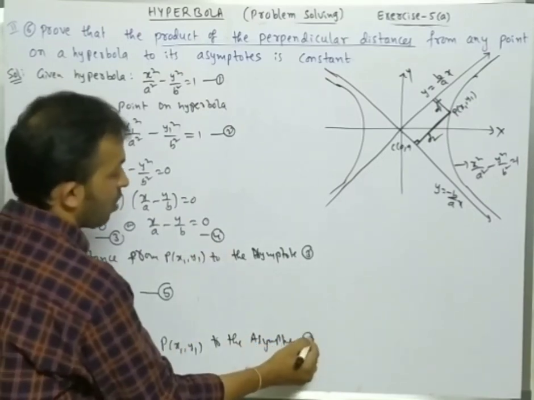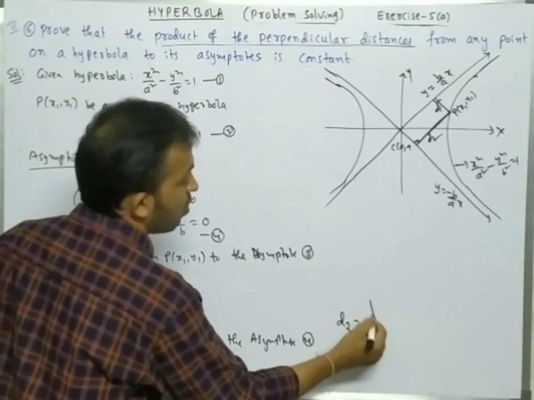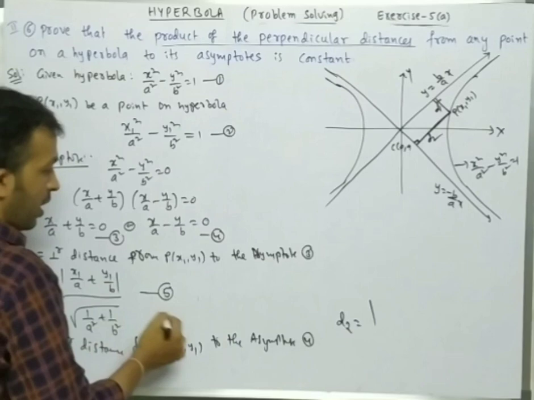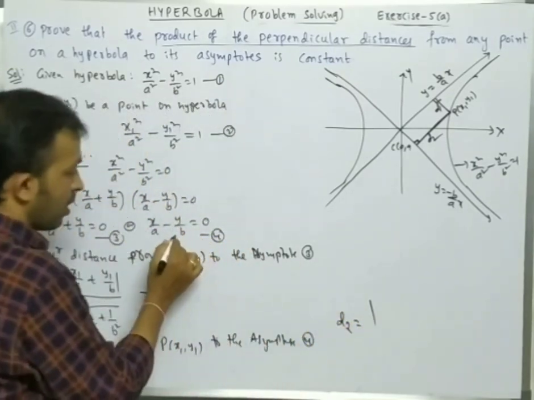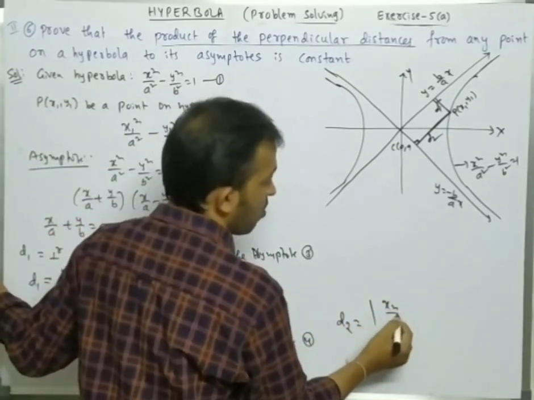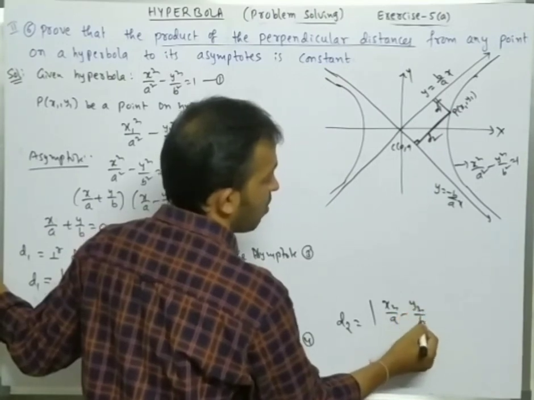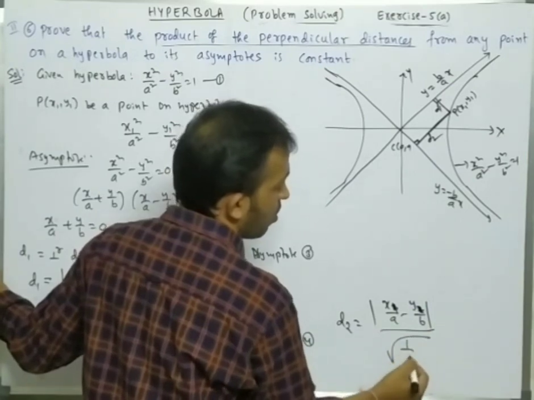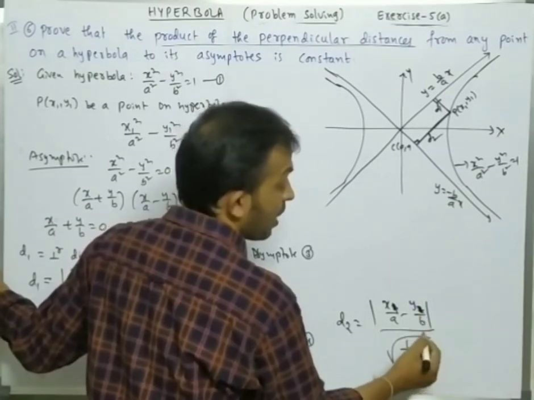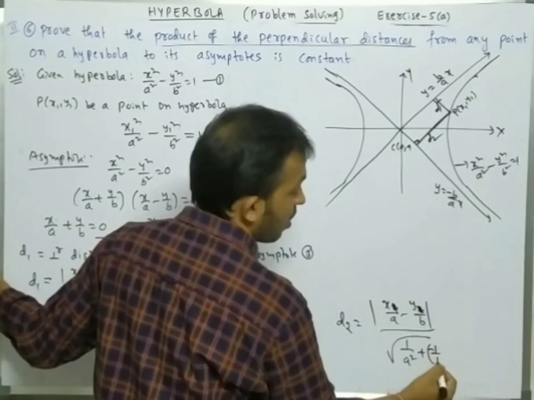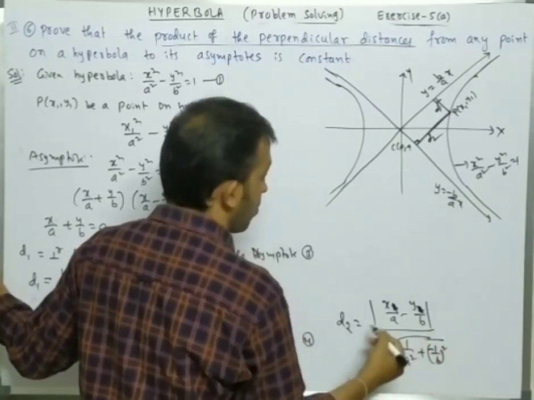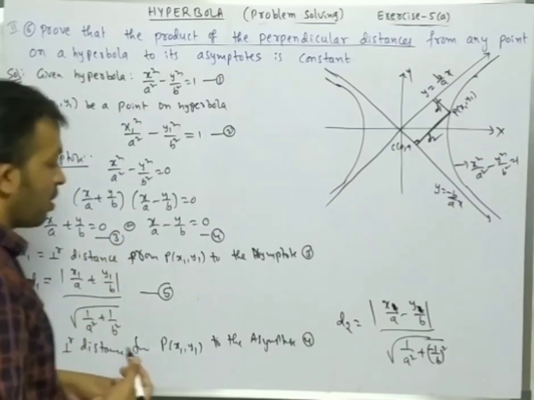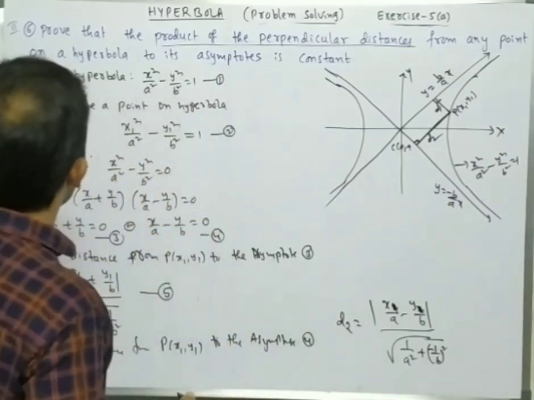So d2 is equal to the modulus of x1 by a minus y1 by b, divided by the under root of 1 by a square plus 1 by b square. So find d1 and d2, the perpendicular distances, by using the perpendicular distance formula.